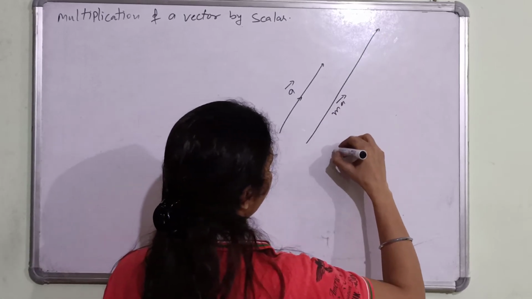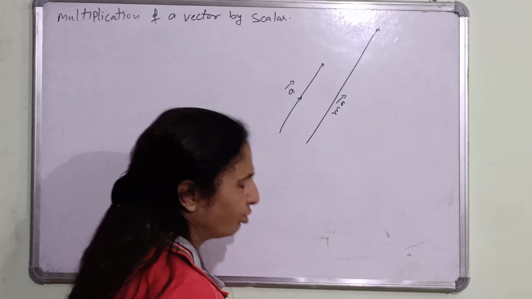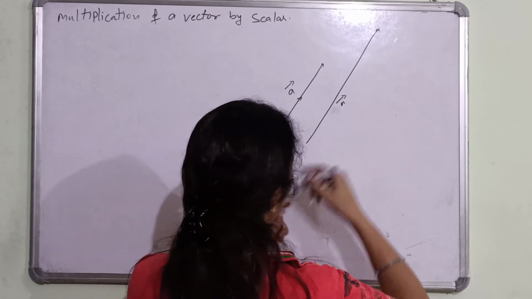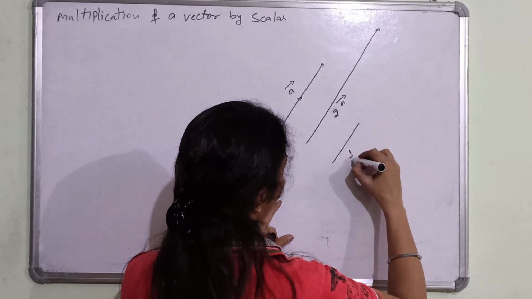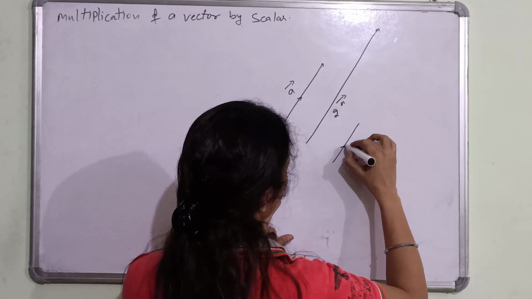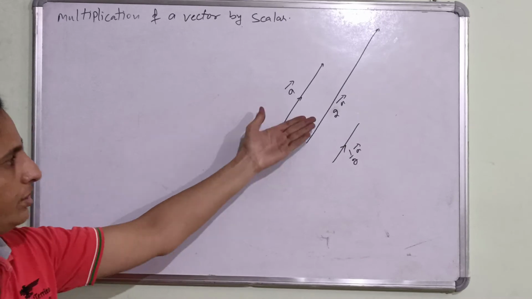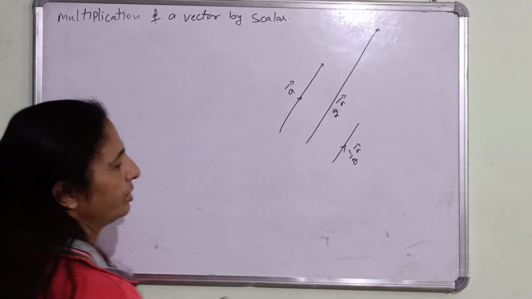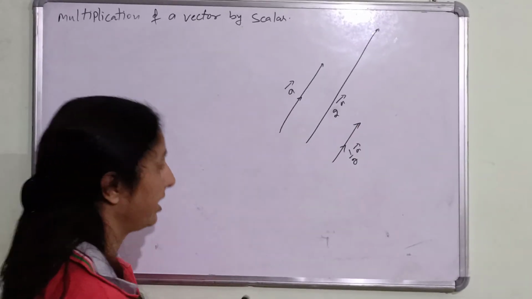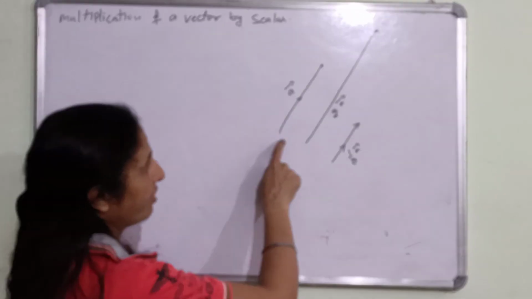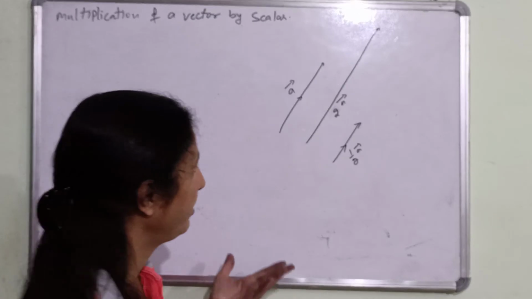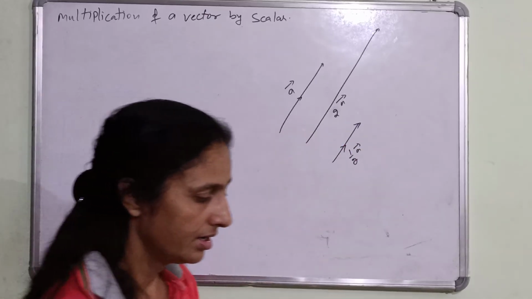If we multiply by 2, it's 2a. So automatically this would be half of 2. These are scalars: 1, 2, half. In this way, these vectors would be parallel and collinear. Whenever we multiply any scalar with any vector, these will be parallel.